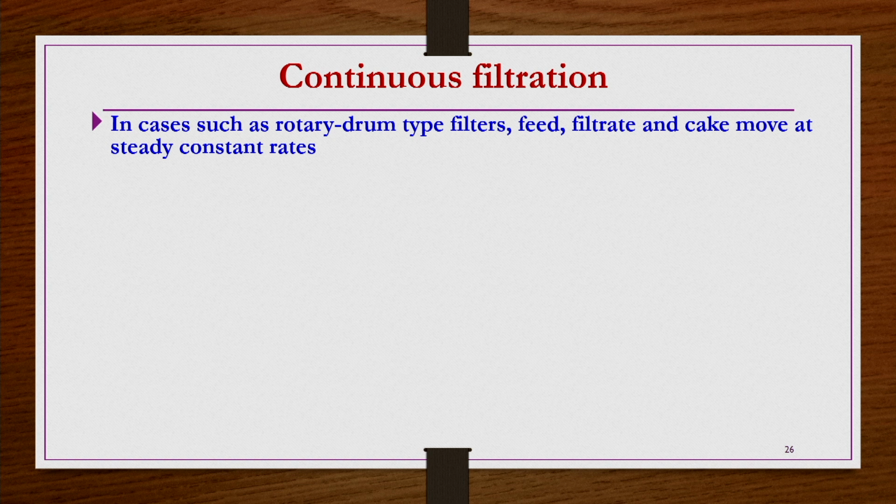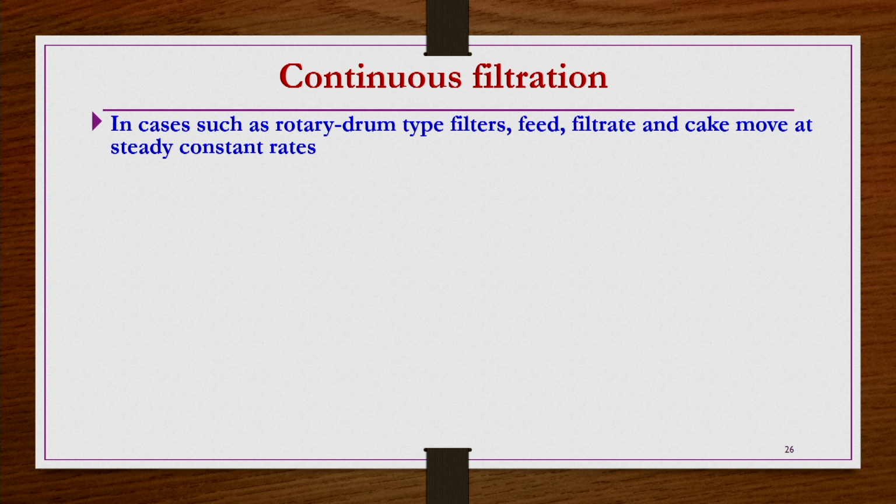One of the types is the rotary drum type filter, where the feed, filtrate and cake move at steady constant rates. The cake is also continuously removed, so that the process is not stopped in between just to discharge the cakes.